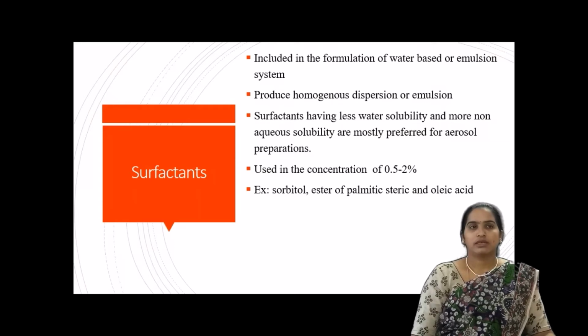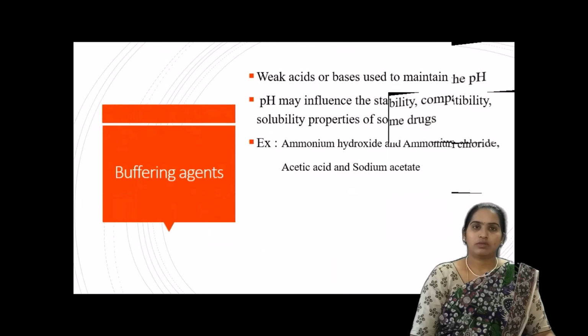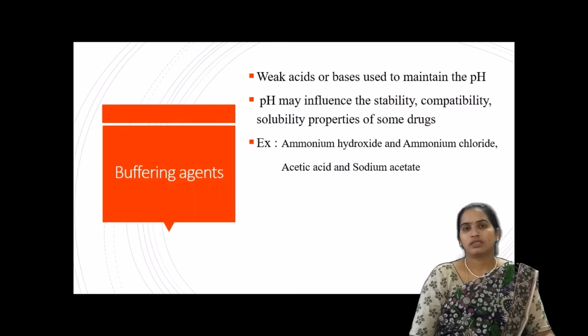Buffering agents. Normally these are weak acids or bases. These are used to maintain the pH. Some drugs require a specific pH for their stability, and only at that pH will they be stable. So to maintain the pH in the desired range, these buffering agents are used.